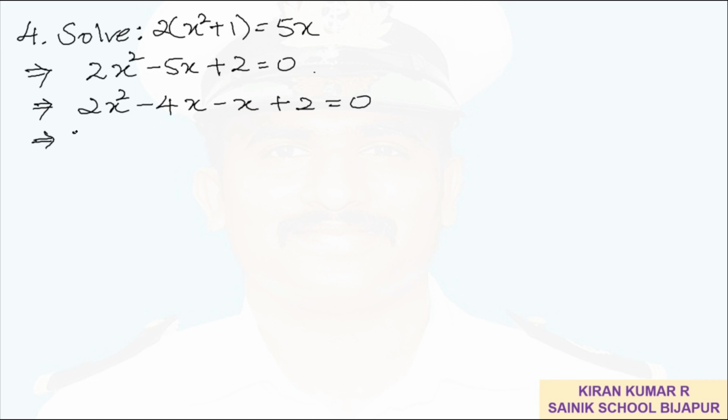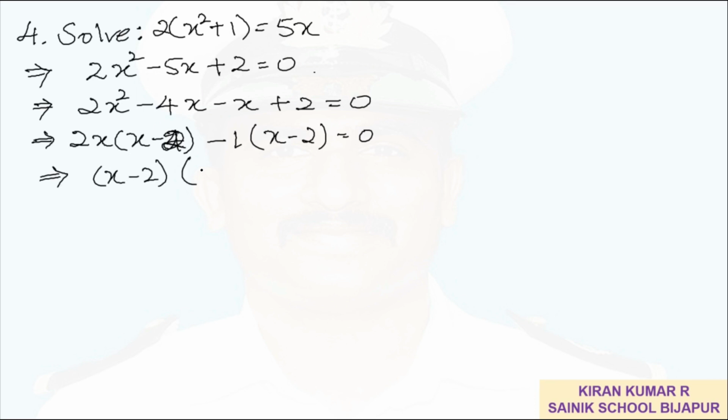Now I take 2x as common. I'll be getting x minus 4. Sorry, x minus 2. Now minus 1 is taken common. We get x minus 2 equal to 0. This implies x minus 2 common, multiplied by 2x minus 1 equal to 0.